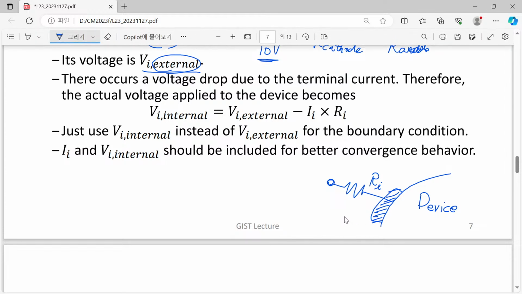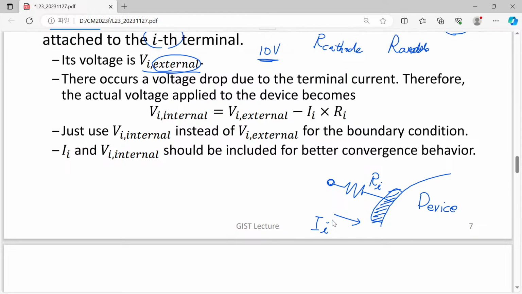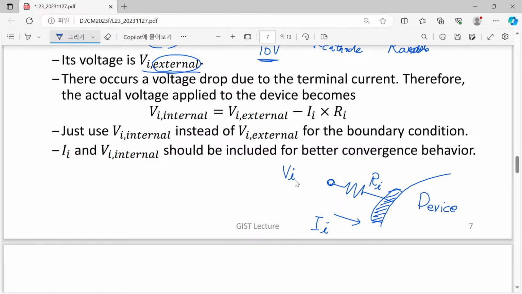Following the convention of our terminal current, the direction of the ith terminal current is coming from the external world into the device. In this case, we have the external voltage which is connected to the voltage source, which is given by this number.